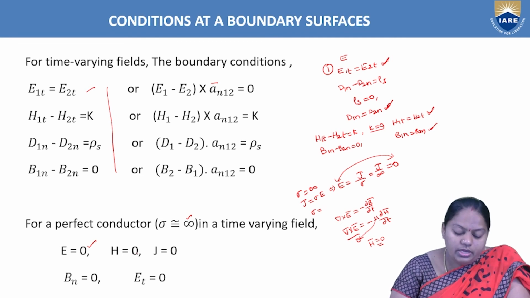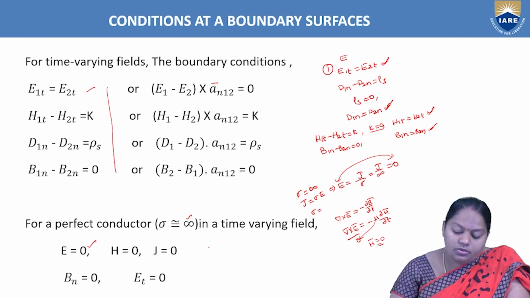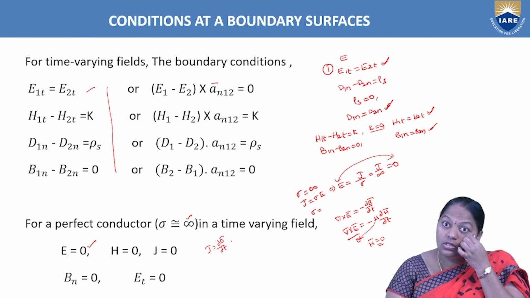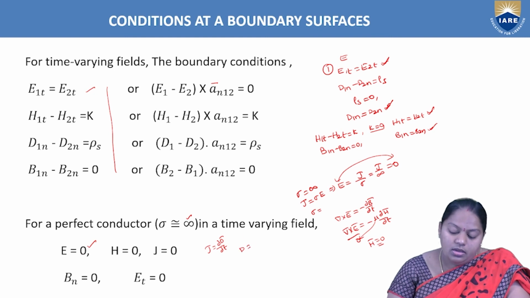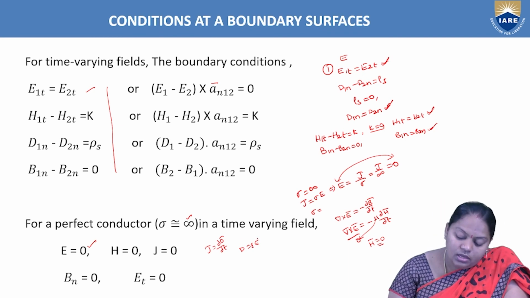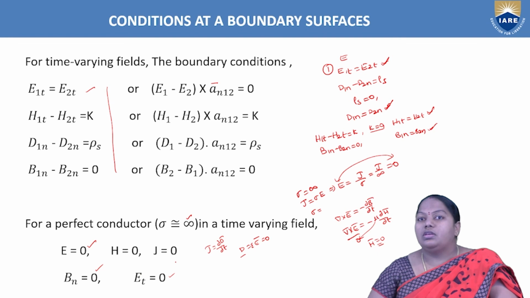So E is 0 and H is 0. According to that, J is also 0. Why is J also 0? J equal to dou D bar by dou t. If E is 0, D is also 0, because D equal to epsilon into E. Similarly, if B is 0, then the corresponding field is also 0.